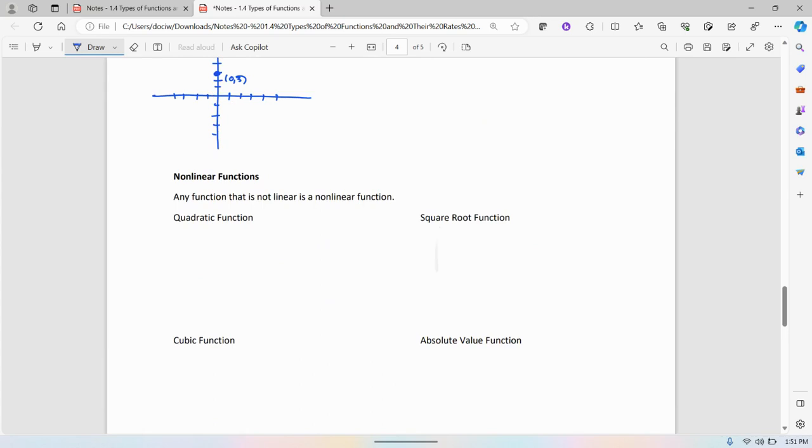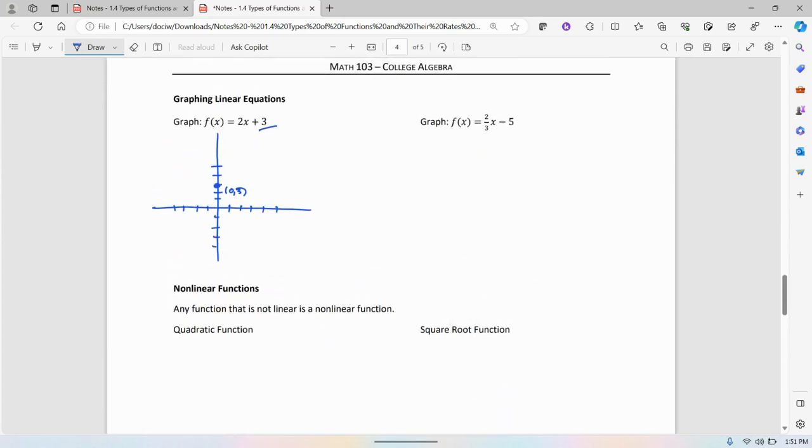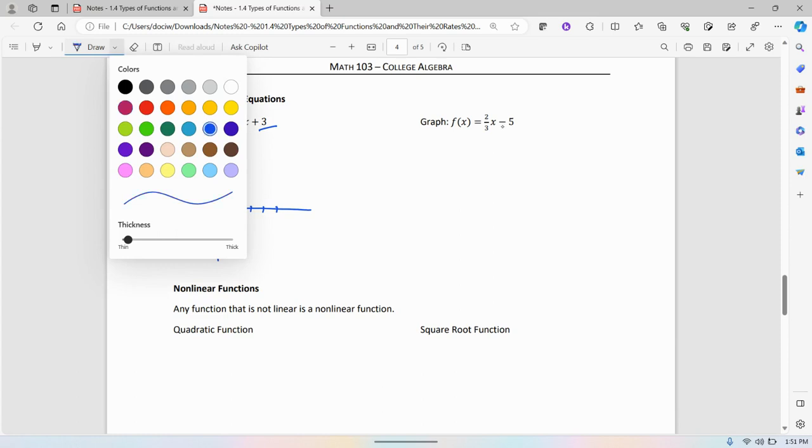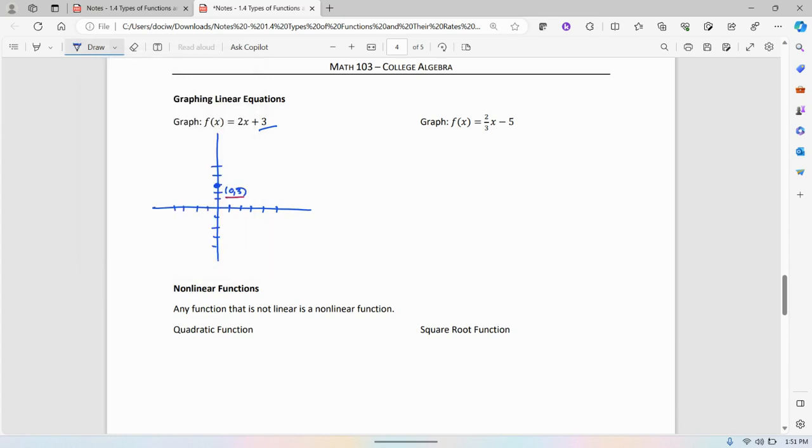The initial value is 3, but that means that the y-intercept is the point (0, 3). The y-intercept is the point where the line crosses the y-axis. Now I have a slope of 2, 2 over 1. I go up 2 and over 1. That's the point (1, 5). I go up 2 over 1 again, and that's the point (2, 7). I connect those points, and I have my line.